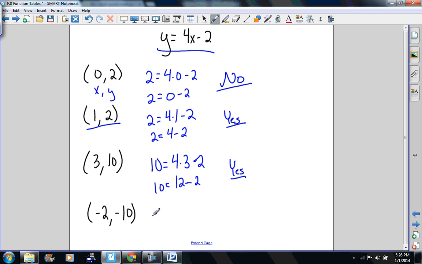And the last one, we got some negatives here. So -10 is equal to 4 times -2 minus 2. So that's -10 is equal to -8 minus 2. And that is true. So that is also on the line. Okay, so that's the first IXL.